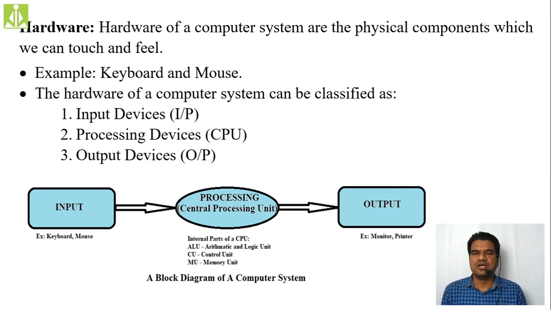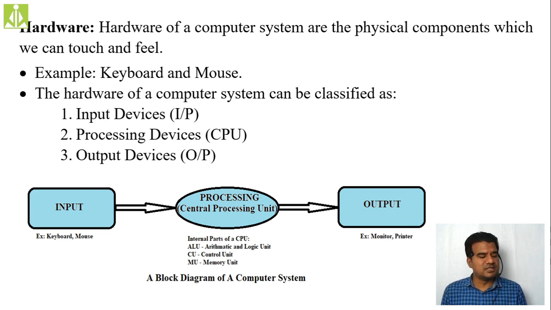So basically all these components we can touch, sense and feel, isn't it? We can feel them physically, see them, and touch them. This difference you have to remember. This particular definition for hardware components you have to remember: what is a hardware component? Hardware of a computer system are the physical components which we can touch and feel.